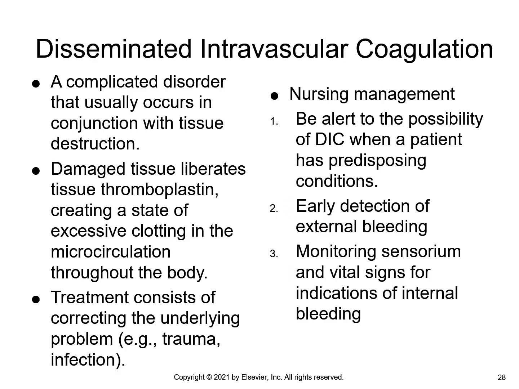Disseminated intravascular coagulation, known as DIC, is a complicated disorder that usually occurs in conjunction with tissue destruction. It is not a disease, but it is a complication of a significant clinical condition. It usually accompanies serious problems like severe trauma, gram-negative sepsis, shock, respiratory distress, malignancy, a transfusion reaction, an amniotic embolus, as well as abruptio placentae, which is when the placenta separates from the uterine wall.